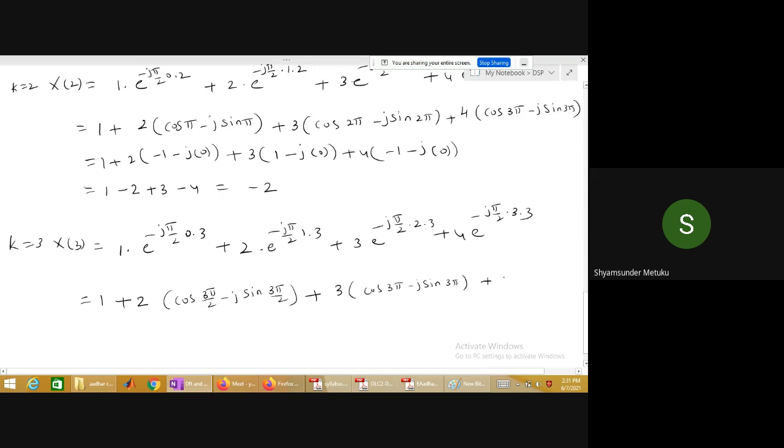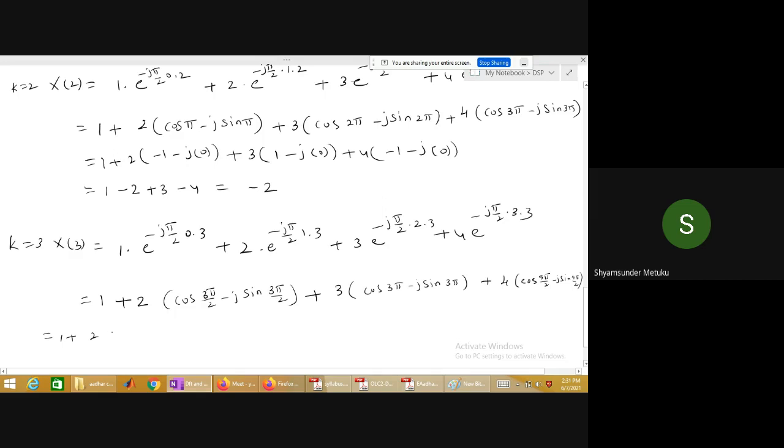Plus, now you tell me what it will become. 9 pi by 2, no? Yes or no? Yes, sir. Cos 9 pi by 2 minus j sin 9 pi by 2. Now tell me, 1 plus 2 into cos 3 pi by 2.